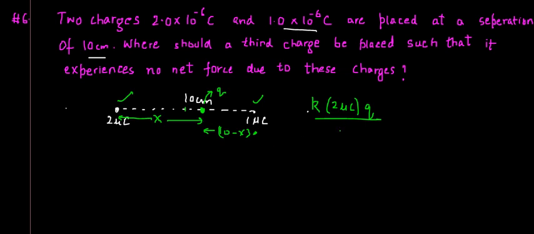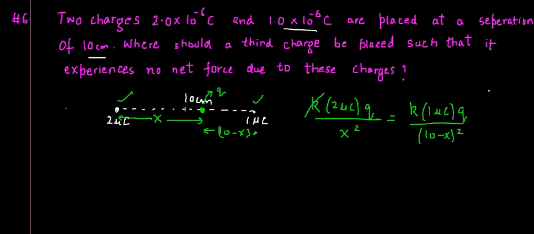Distance to this point is x, so x square, is equal to, this force must balance the force exerted by the 1 microcoulomb charge, and that is equal to K times 1 microcoulomb times Q divided by, what's the distance between the 1 microcoulomb and that charge? That would be (10 minus x) centimeters whole square.